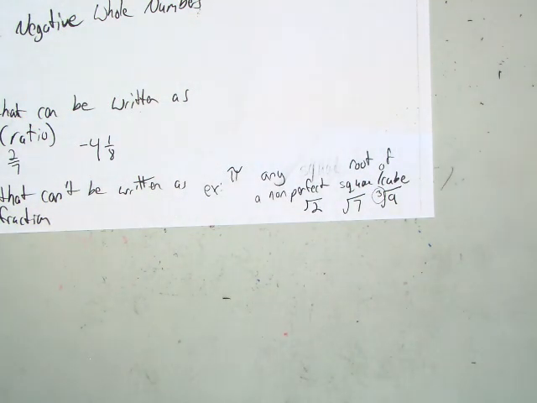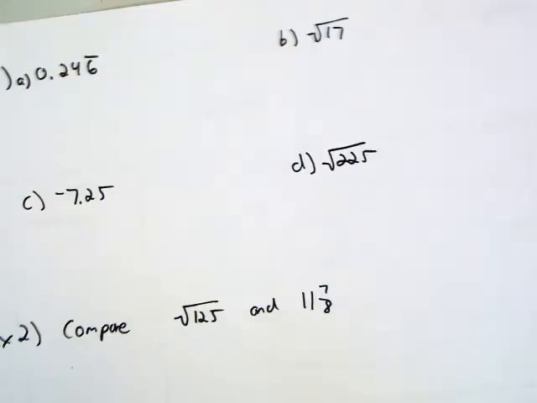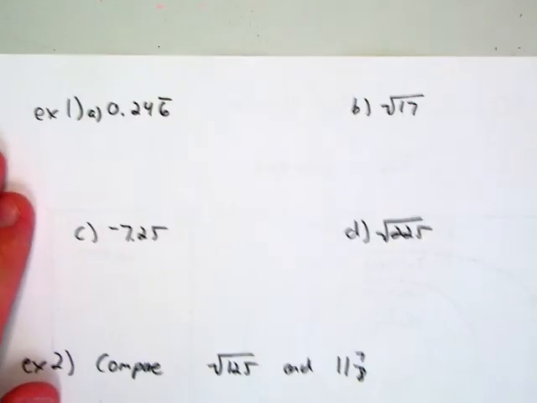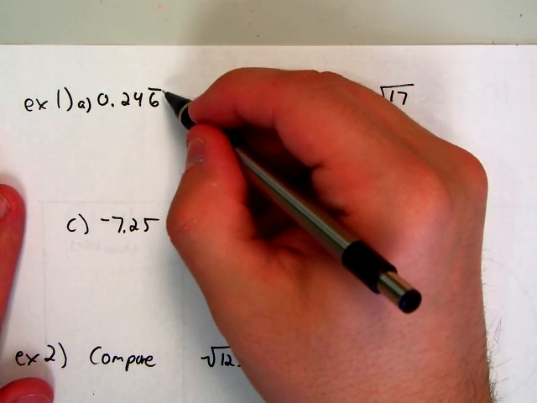So we're going to go through some examples, identifying the set of numbers that a number is in. We'll then talk about how to compare those and then order them. So example 1, 0.246 repeating.